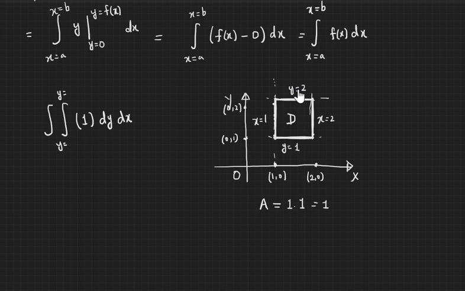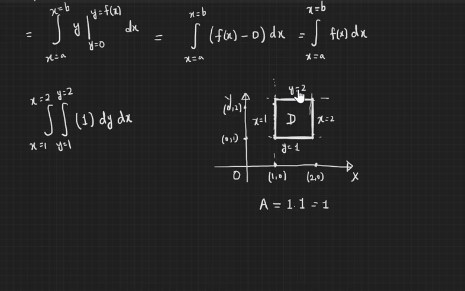Hence, we have to mention the limits of integration afterwards. So the limits of y are from y equals 1 to y equals 2, and then from x equals 1 to x equals 2.